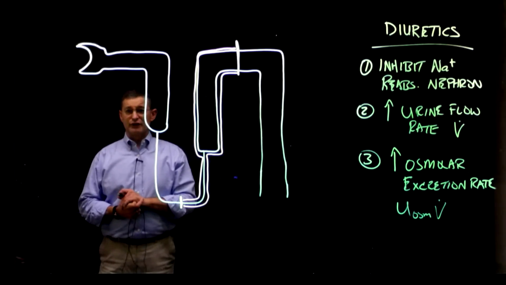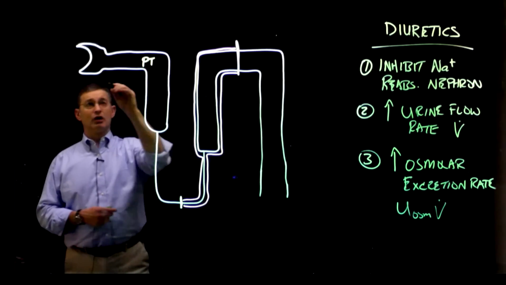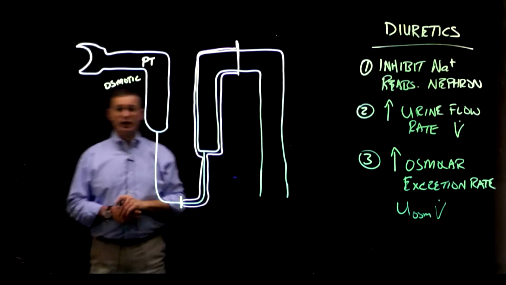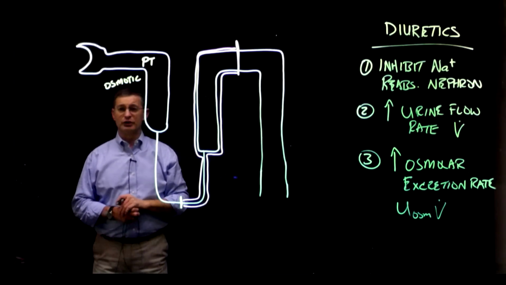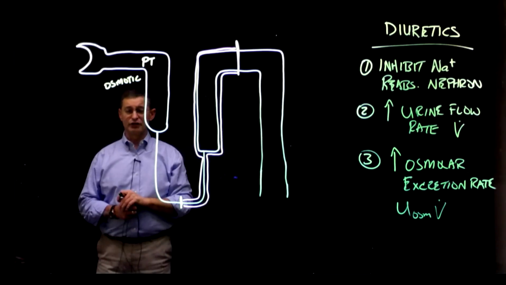The diuretics that have the greatest impact in the proximal tubule are osmotic diuretics, and the most common peripherally administered osmotic diuretic is mannitol.